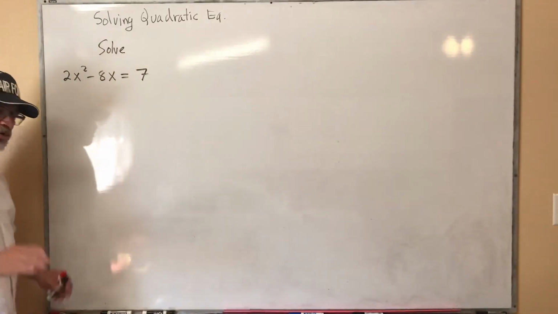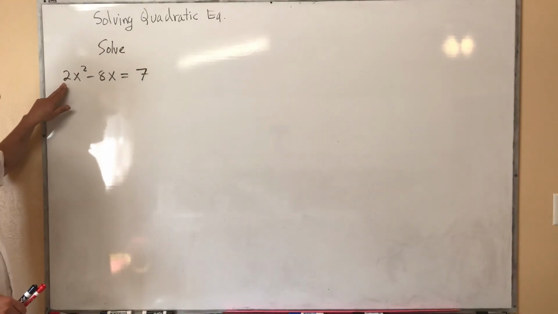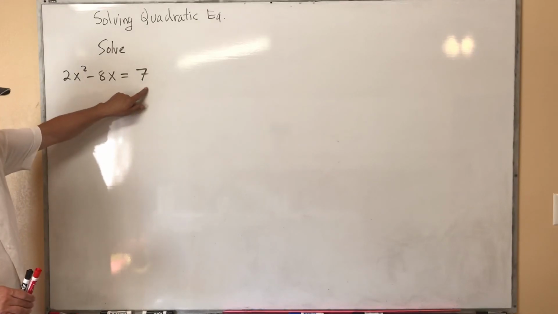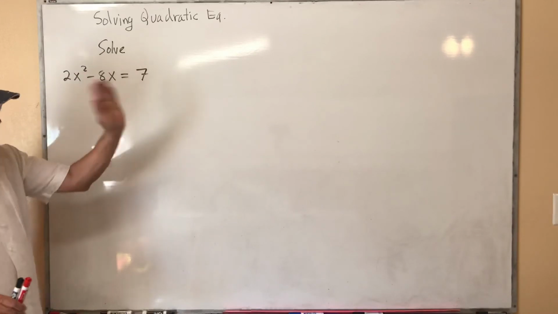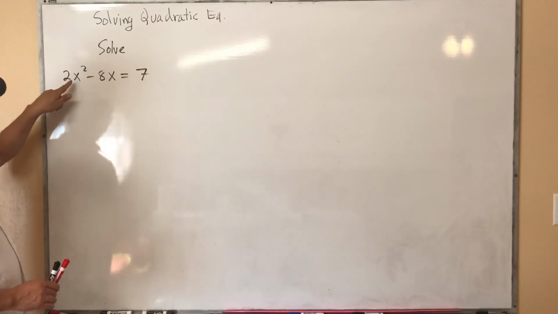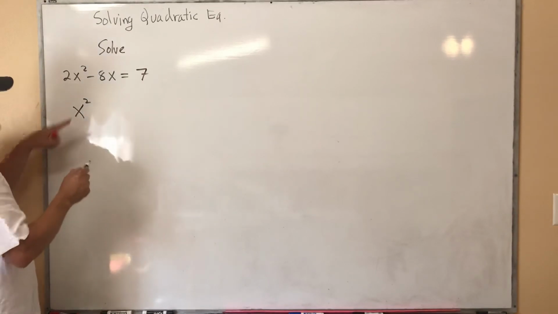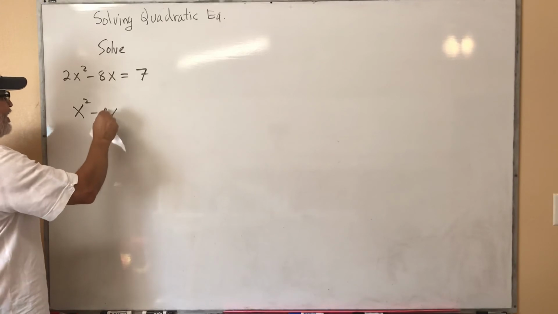Okay. To complete the square, the leading coefficient must be 1. So here's what I'm going to do. I'm going to divide everything by 2. I'm going to make room there, and push this to the side. So divide this by 2: x squared. Divide this by 2: minus 4x.